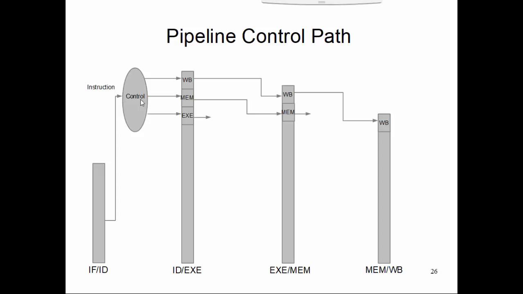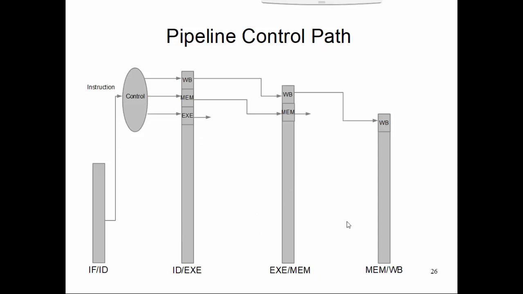And those signals, we can categorize them into groups: signals for the exe phase, signals for the memory phase, and signals for the write back phase. That signal also flows through this register sitting at the boundary of instruction decode and execute phase, execute and memory, and write back phase, and the signal gets consumed.